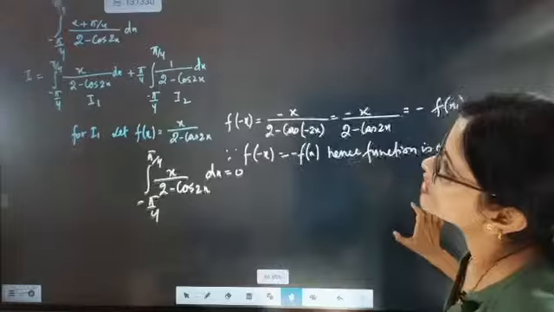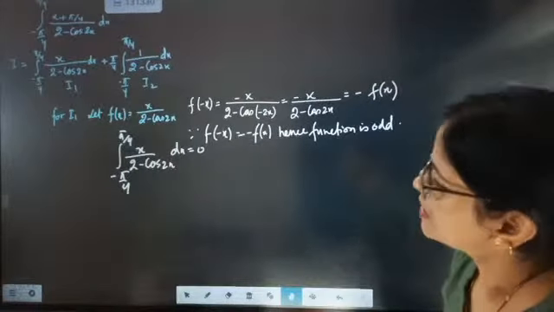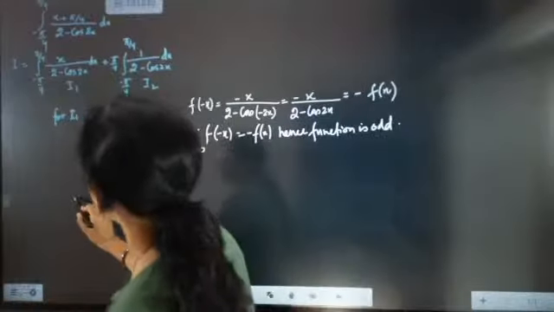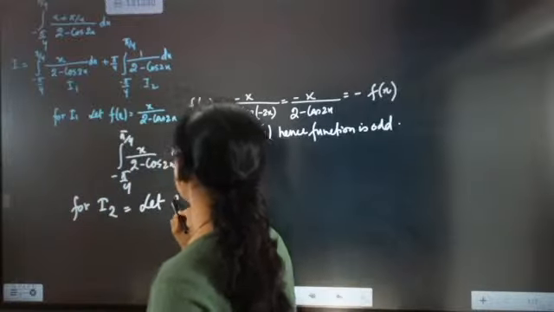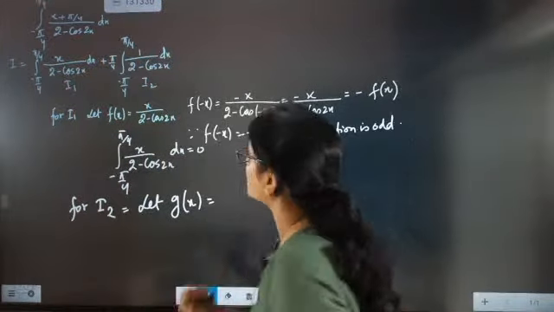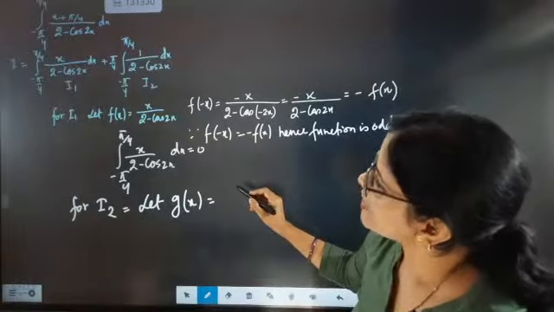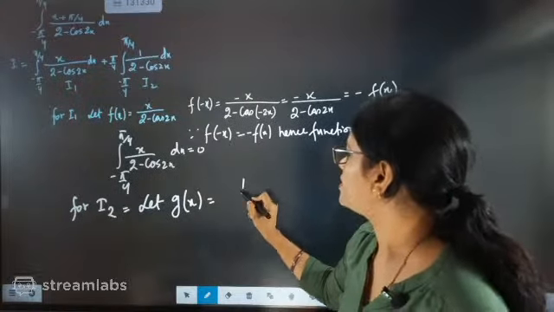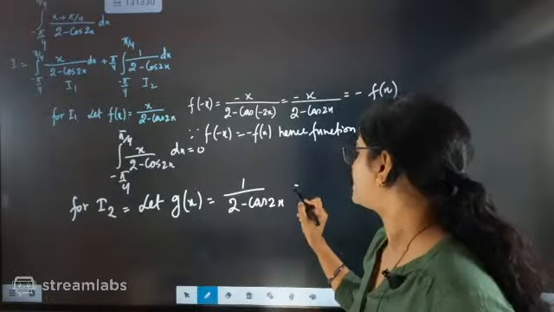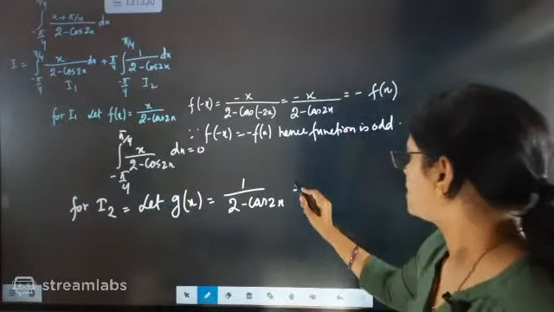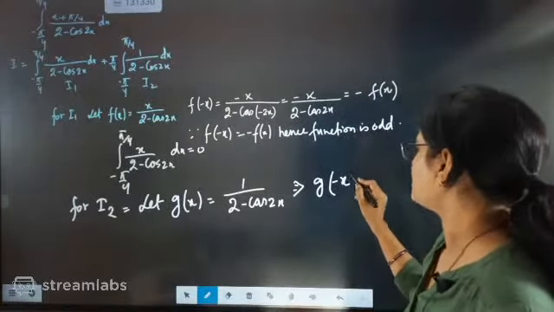Now what next we are going to do here is, we are going to go for I2. For I2, let g of x be 1 by 2 minus cos 2x. I think it will go very nicely as an even function.